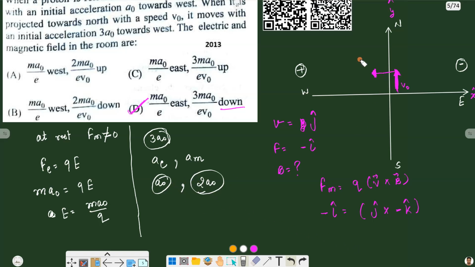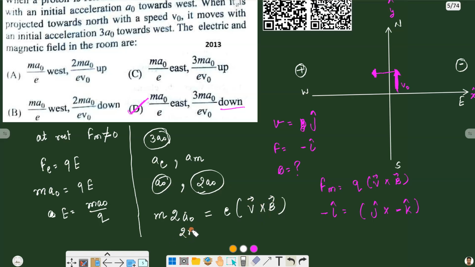because both the electric force and the magnetic force are towards the west. So 2a node is due to the magnetic field. So the force due to the magnetic field will be 2a node into mass, and equating it with the formula for magnetic force, that will be q, that is e, and V cross B, that will be VB.